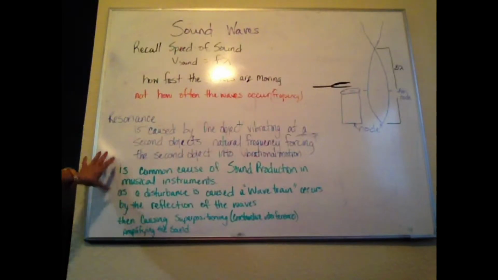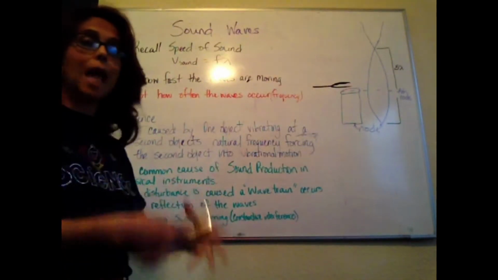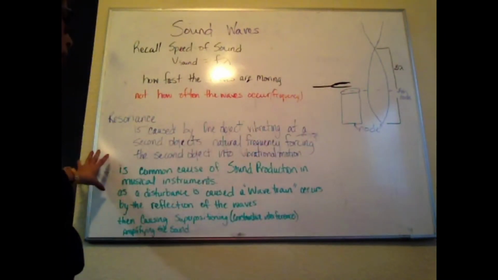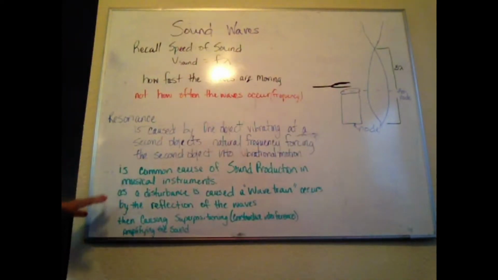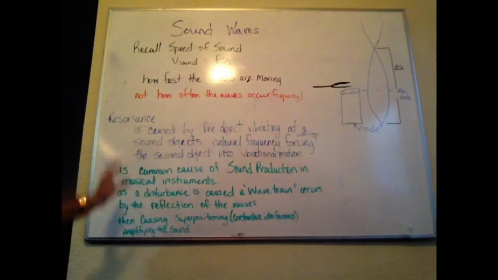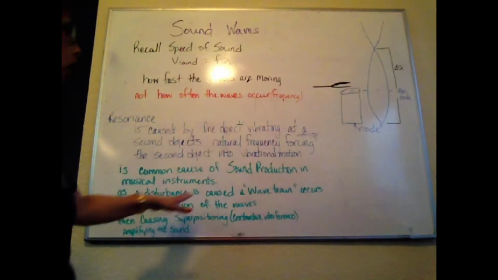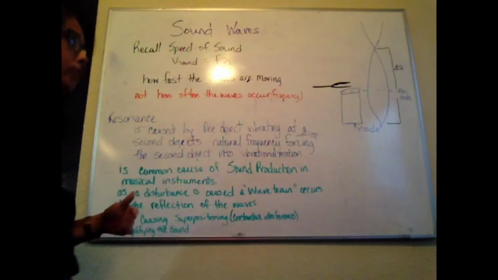Now, a common use of resonance, which in Latin means resound or sound out loud, is in sound production of musical instruments. The reason this phenomenon occurs with musical instruments is that a disturbance is made, causing what we call a wave train, a consistent movement of waves in and out.